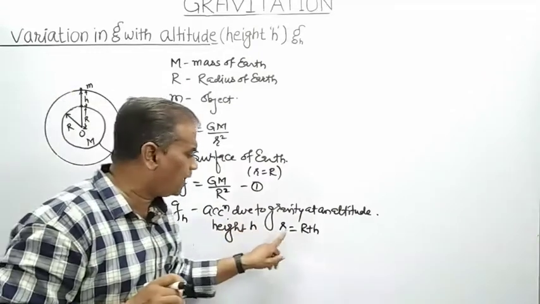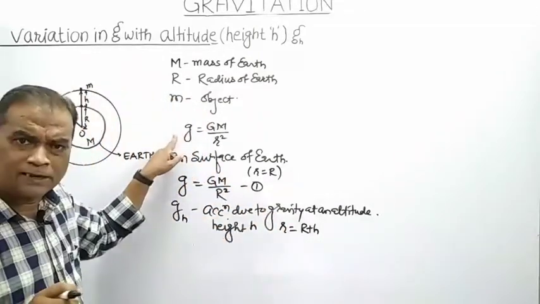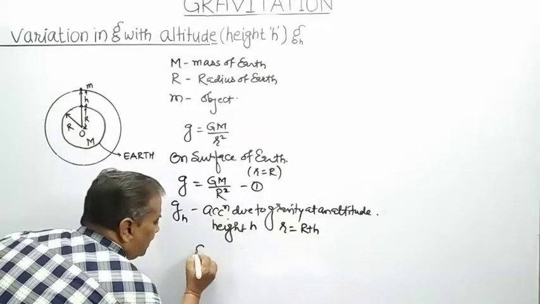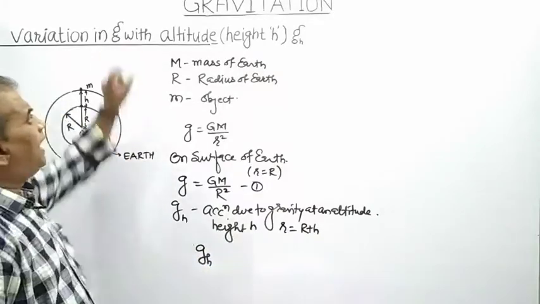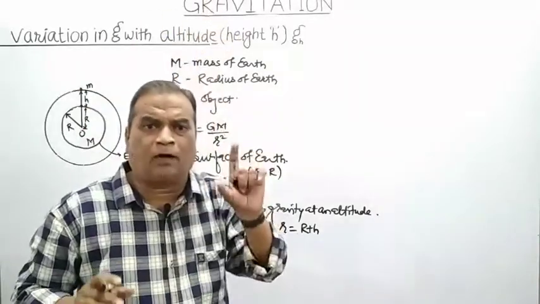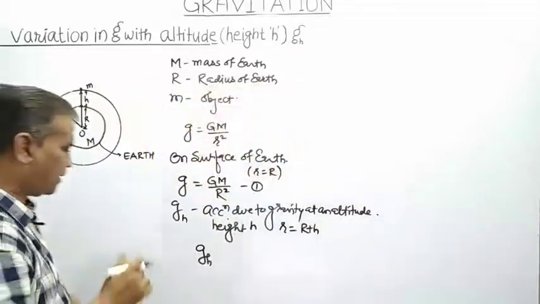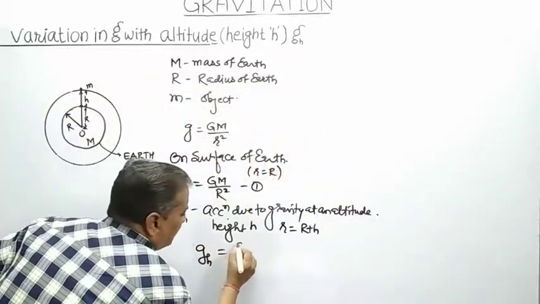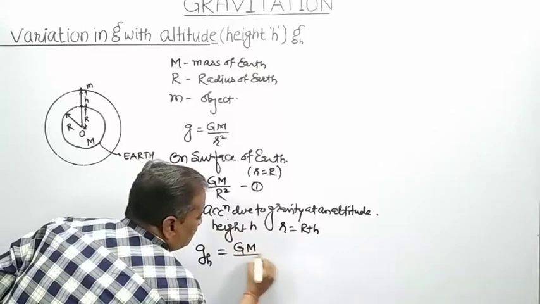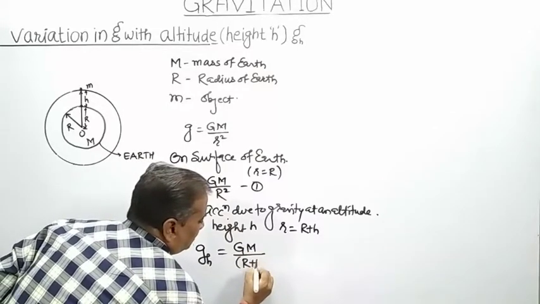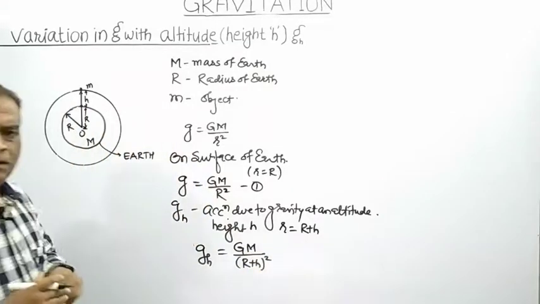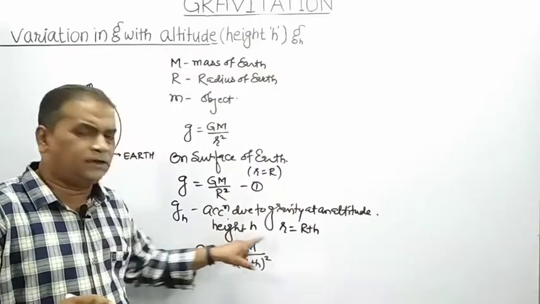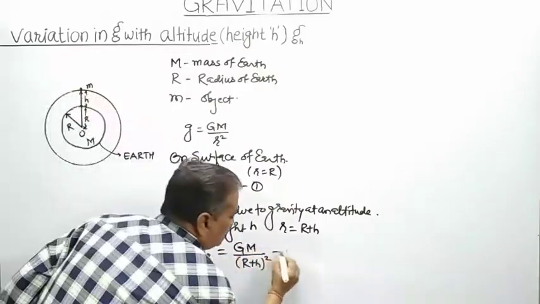Means you replace small r by R plus h in the general expression. So acceleration due to gravity at an altitude h, or at a height h above the surface of earth, is given by g_h equals GM divided by (R plus h) whole square.